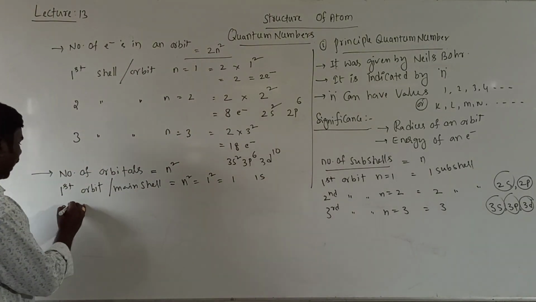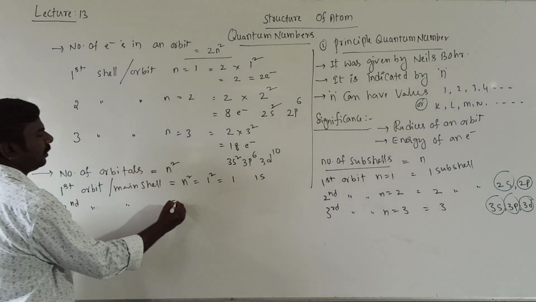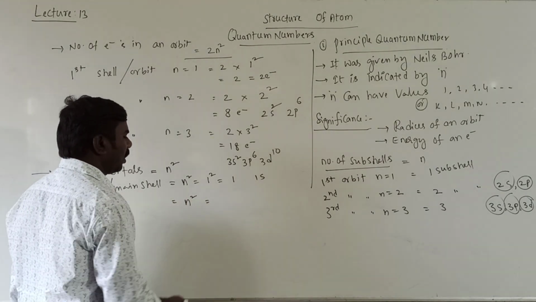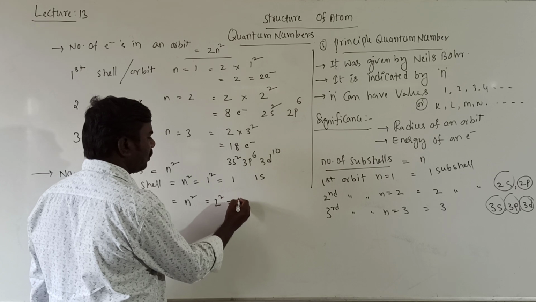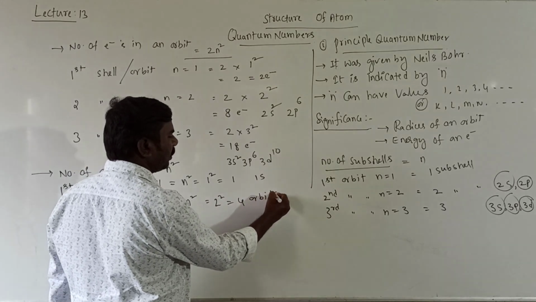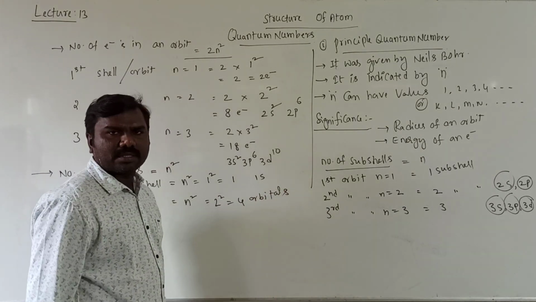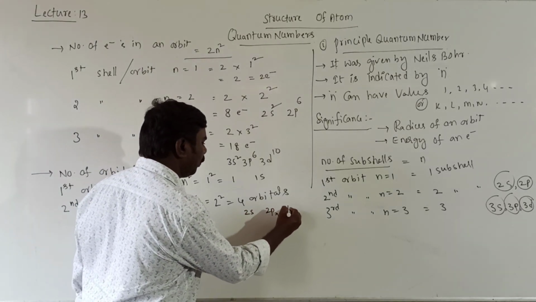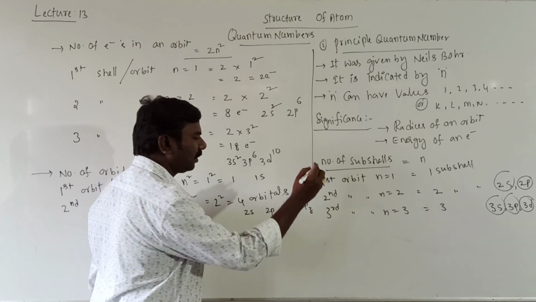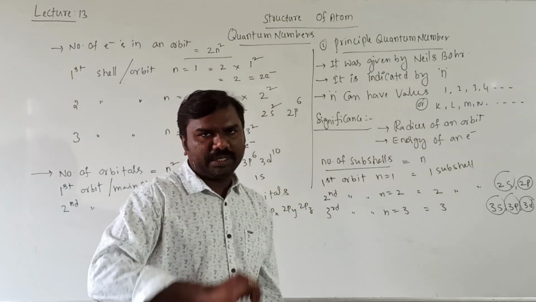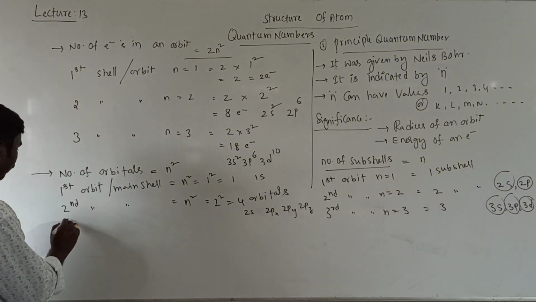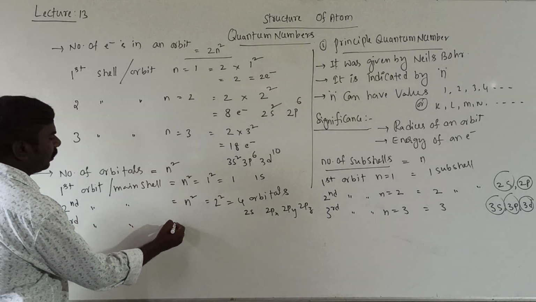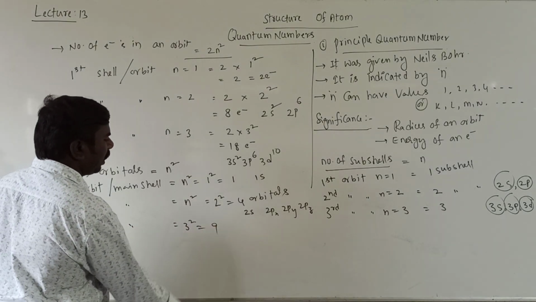Next, the second orbit or main shell: the number of orbitals is n square, 2 square, that is 4 orbitals. 4 orbitals means totally 2s, 2px, 2py, 2pz. Correct? 4 total. Next, third: that is 3 square, totally 9.